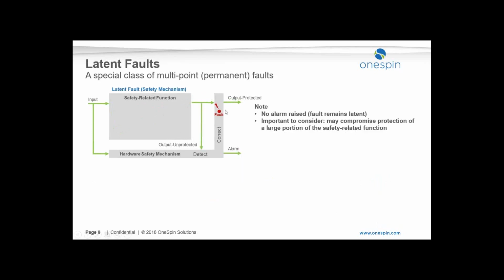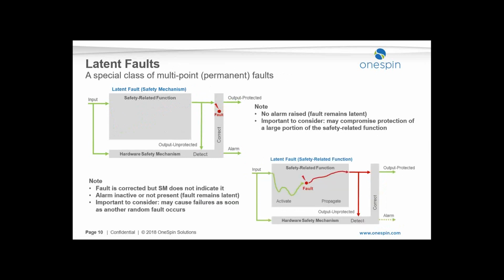So yeah, this is, I would say, the typical scenario of a latent fault, where you have a permanent fault in the safety mechanism that together with some other fault can cause problems. But another interesting thing to consider is that you could have, in some circumstances, a latent fault in the safety-related function.